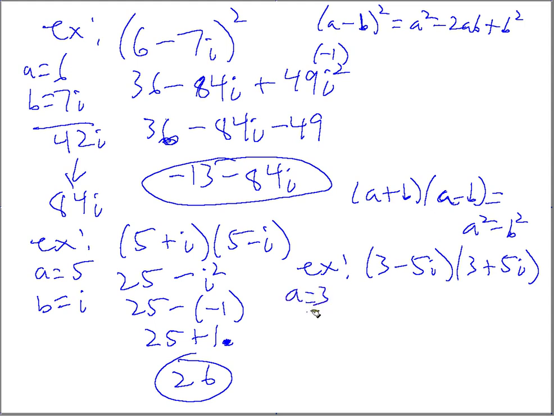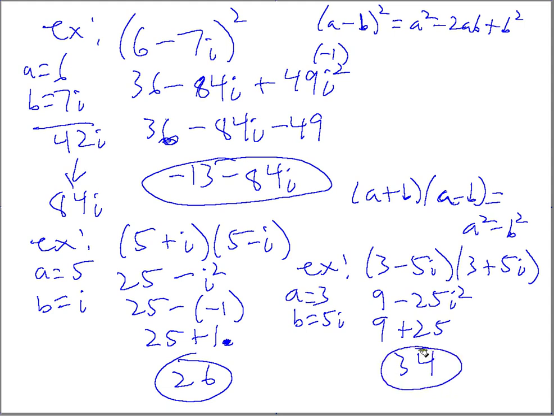My A is 3, my B is 5i. So 3 squared is going to be what? 9 minus what? 25 i squared, if you apply this formula here, right? This minus sign comes from the formula. So 9 plus 25. You want to skip the step of i squared being negative 1, right? So that changes that sign to positive. 34 is the solution there.